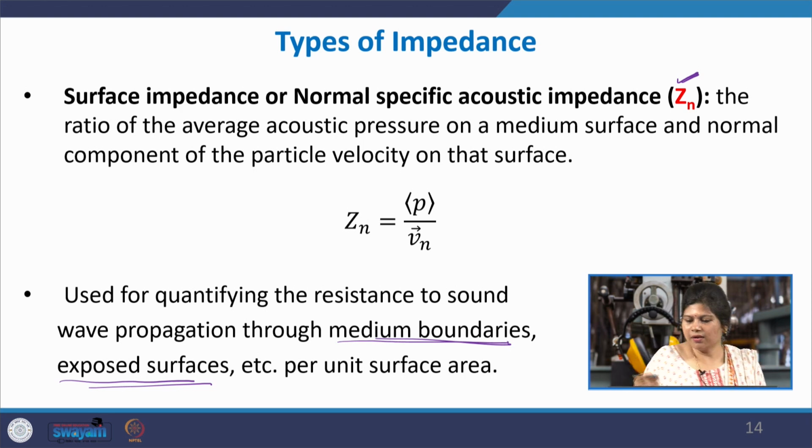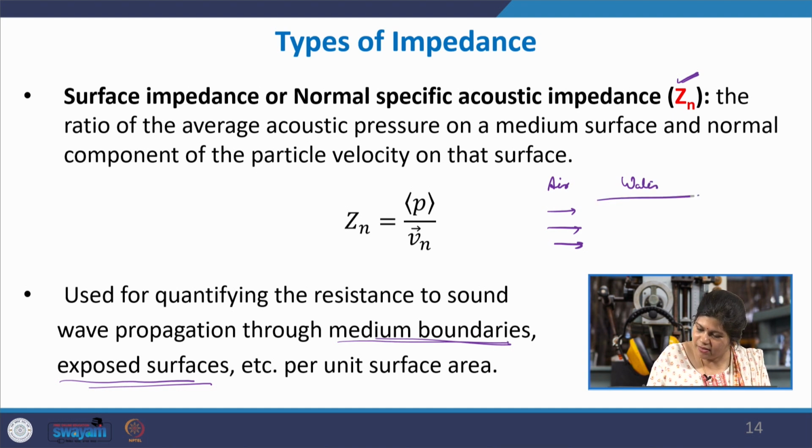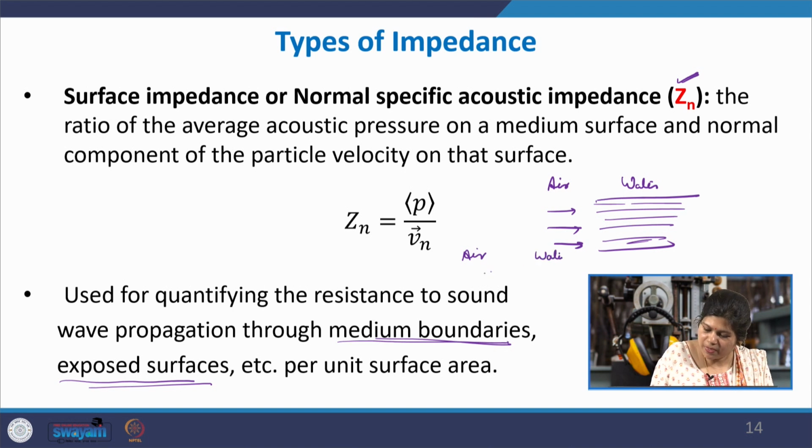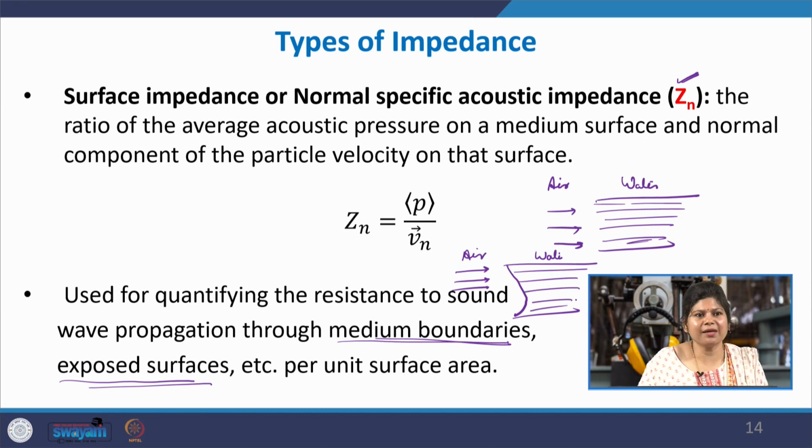Okay. So, let us take an example: we have an air medium and the wave is coming and it is incident on a water medium. In one way it is incident like this, and this is the water medium, and then there is case 2, when again we have the air medium and the water medium, and the wave is coming like this and it is incident on a water medium whose boundary might be like this. Again we have the same media.